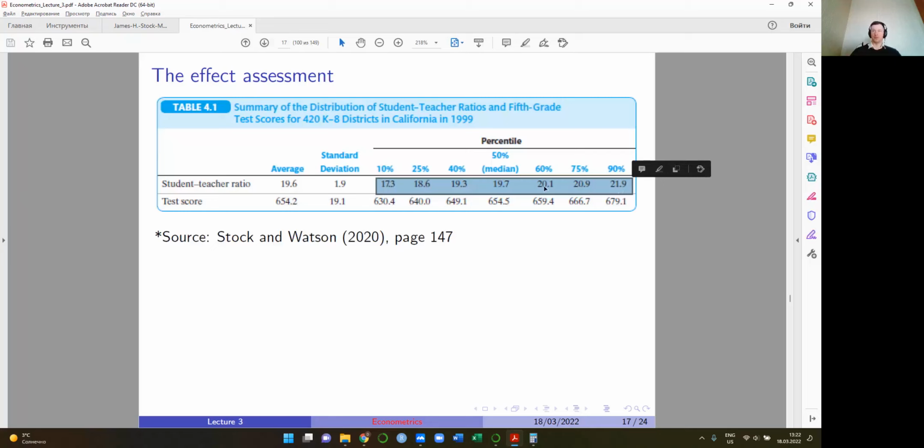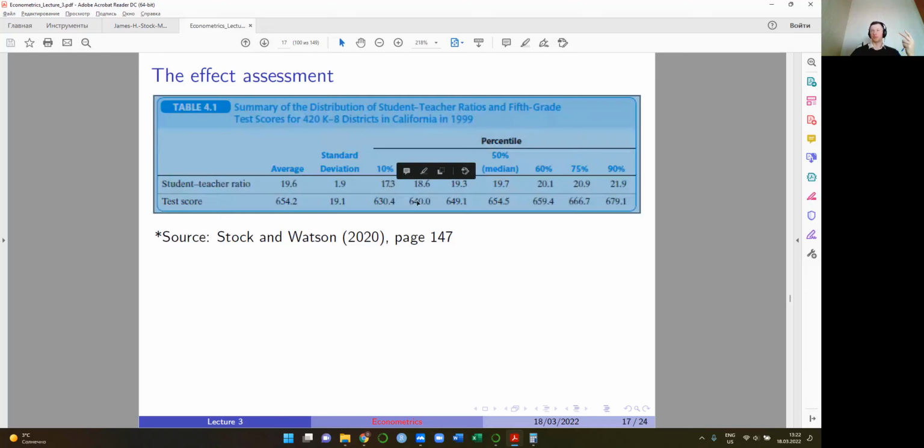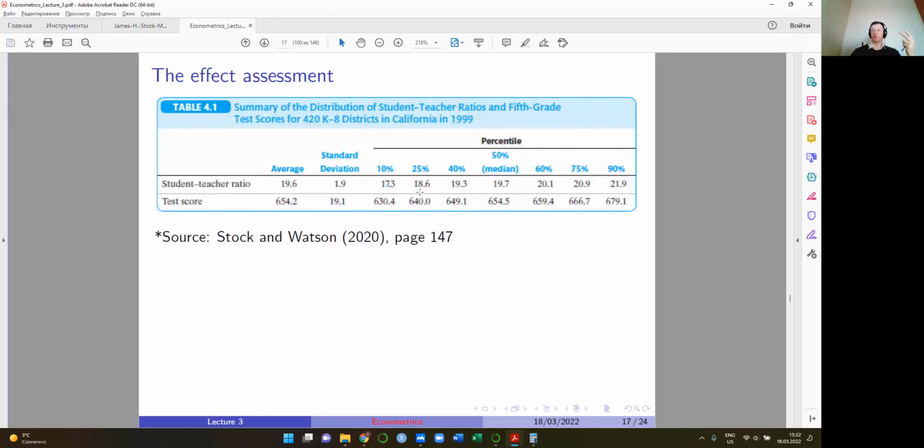Therefore, a change of 2 students per teacher is kind of a large change relative to what we see in the data, right? If we reduce the number of students per teacher by 2, we can get from the median class into the 10th percentile class, or almost there.